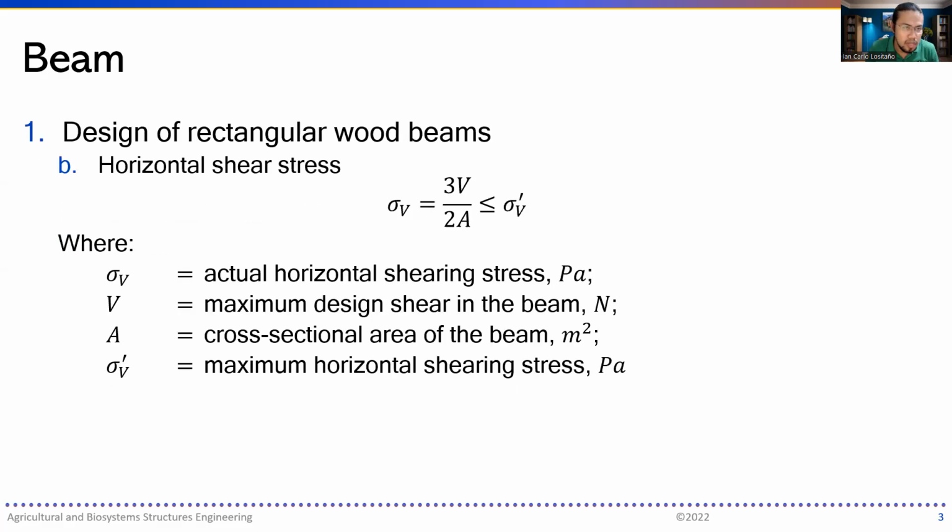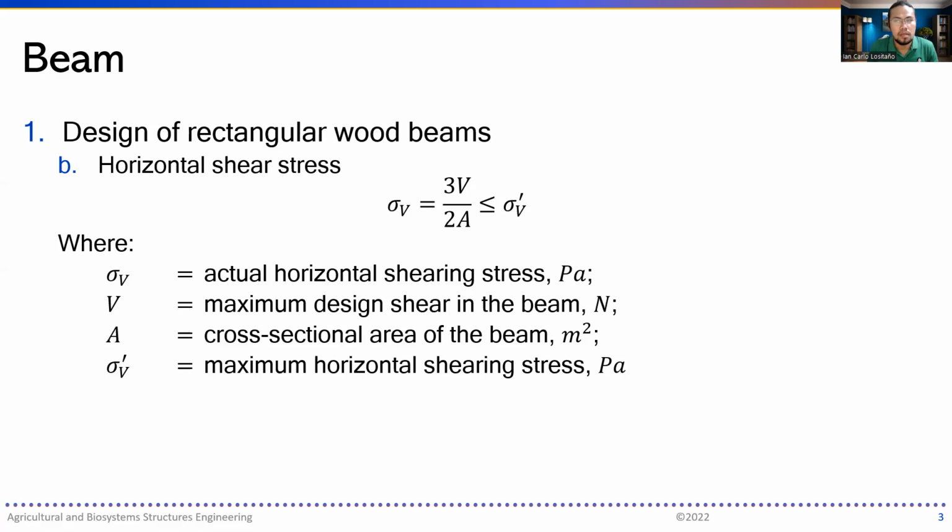Next one is we have horizontal shear stress, and this time, the shear stress is a derived computation formula from the previous topic on shear stress. So you have here the actual horizontal shear stress as 3V over 2A, or 3 halves of the V divided by A. And you have here the maximum design shear in the beam.